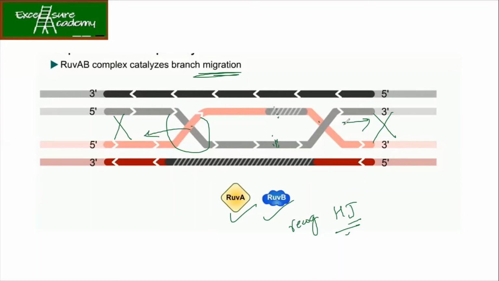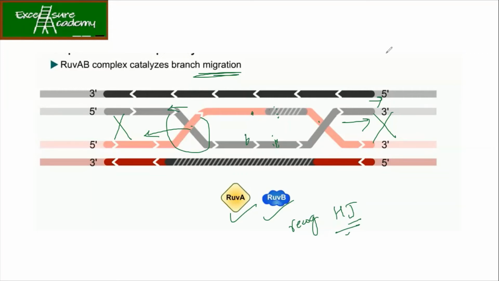The sharing will be more. Is it clear? Yes, ma'am. So what I'm saying is that this branch migration means this Holliday junction will move this side and this one will move this side, so that you can have maximum sharing between these and these.